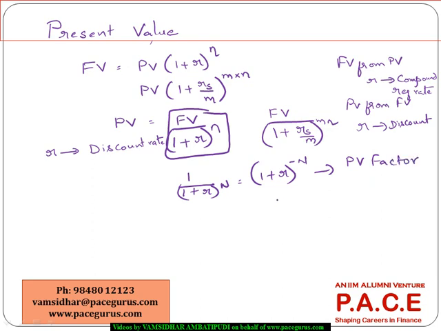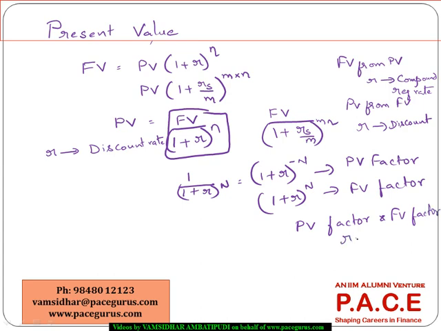Just like the way we said 1 plus r to the power n is the future value factor, 1 plus r to the power minus n becomes the present value factor. And another quick observation, the present value factor and future value factor are reciprocals of each other, right? Just a quick observation out of this.